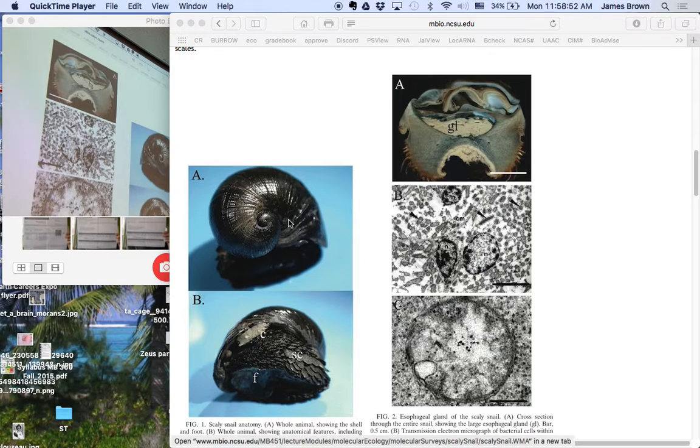That sulfur and oxygen go in, and some kind of fixed carbon comes out. The second question is, how do these scales get their armor plating? Because no other mollusk does any such thing. So what's going on there?